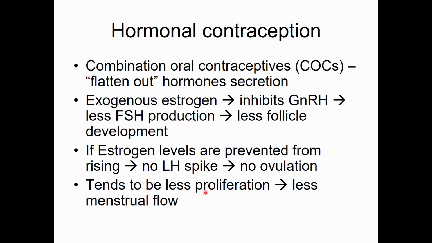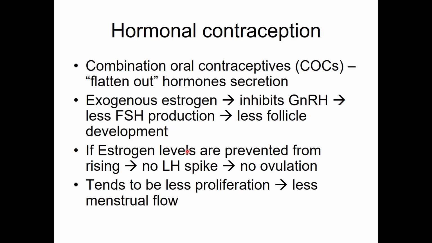Now, how do hormonal contraceptive methods work? They basically inhibit ovulation. Combination oral contraceptives, which combine estrogen and progesterone, kind of flatten out hormone secretion. If you add exogenous estrogen, that inhibits GnRH and inhibits FSH, so there's less follicle development and less endogenous estrogen being produced.